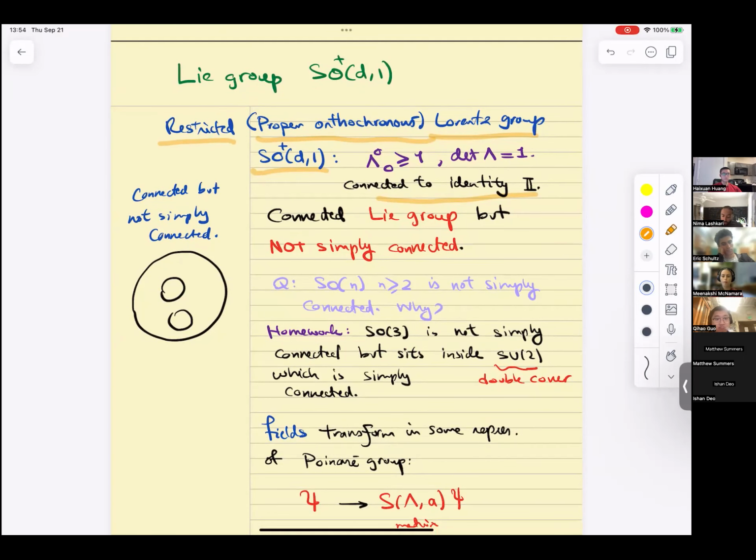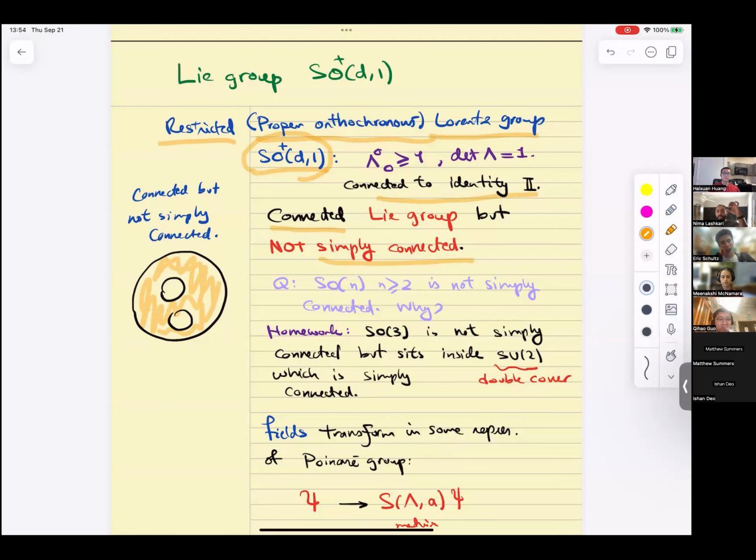Okay. Very good. So now this thing, SO plus D comma 1, the restricted Lorentz group, is connected. It's a connected Lie group, but it's not simply connected. Just to tell you what it is, you know what connected means. An example of a manifold that's connected is this manifold.